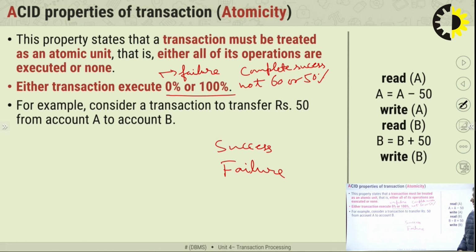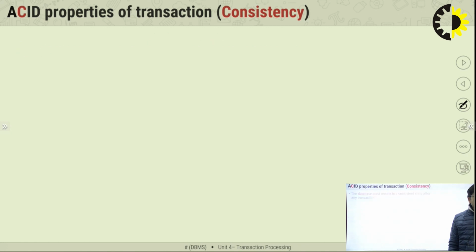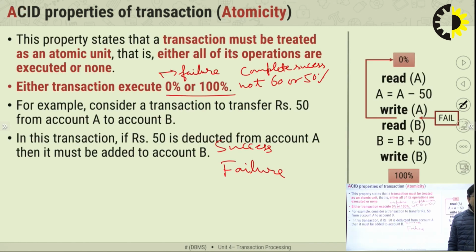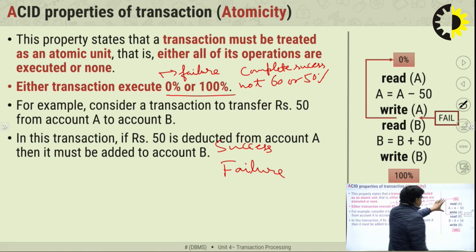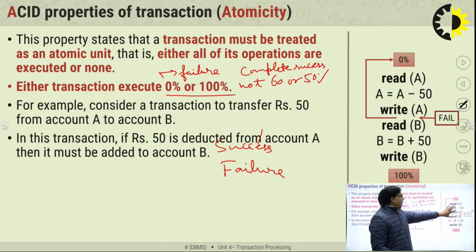Now, let us consider an example of a transaction. Read A, A = A - 50, write A, read B, B = B + 50, write B. We are transferring 50 rupees from account A to account B. If 50 rupees are deducted from account A, then they must be added to account B. If the amount is deducted from A but not added to B, then the transaction fails.